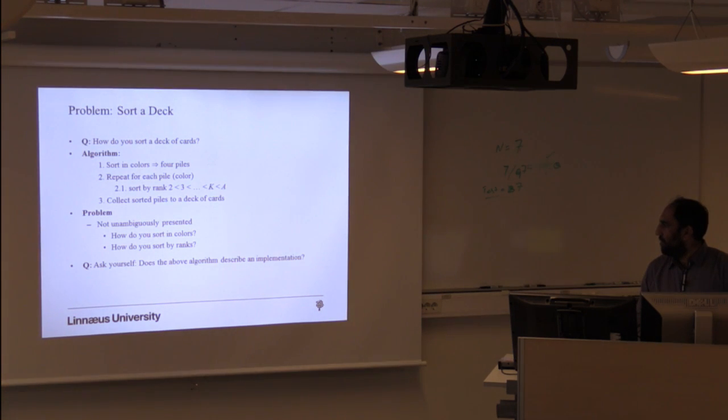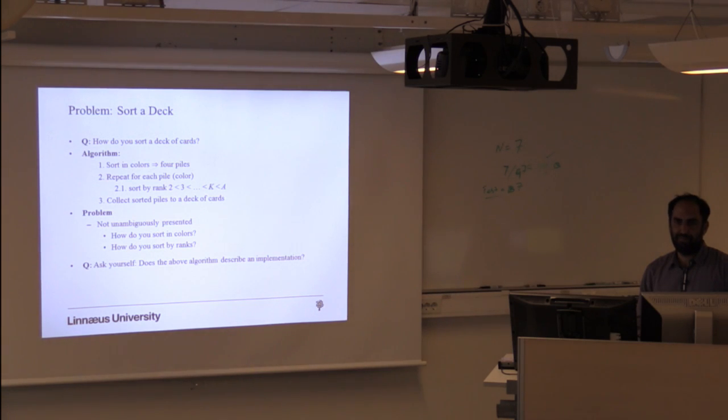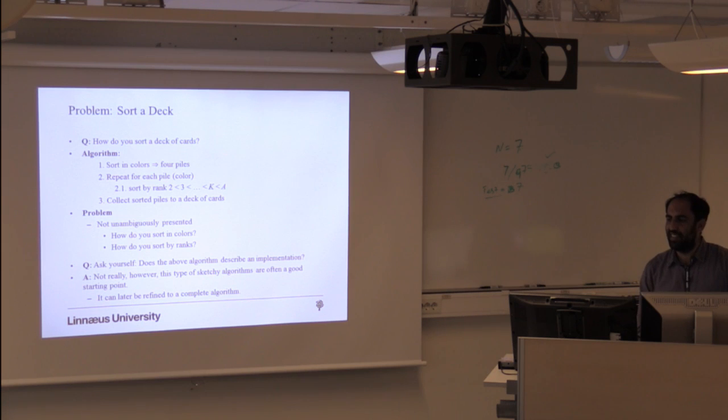Then comes a question. Does the above algorithm describe an implementation? Can you transform this into an implementation? Any guess? I think I already gave you the answer. Since it's ambiguous, we cannot really.